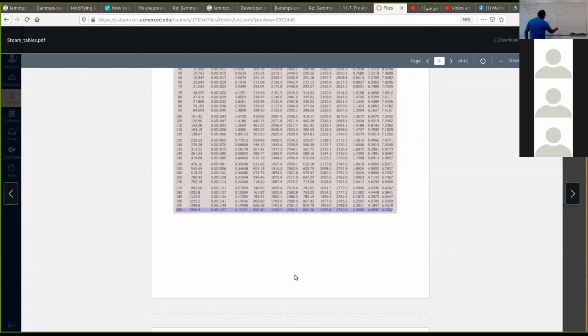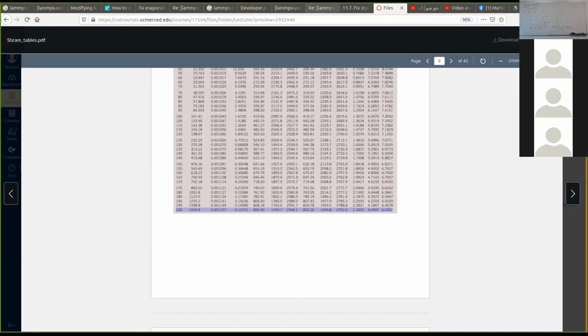So let's say the entropy S is 3.32. This is your example. Find for me the volume, or energy U, or H, or anything. I want U, for example. So the temperature was 200 Celsius and S is 3.32.